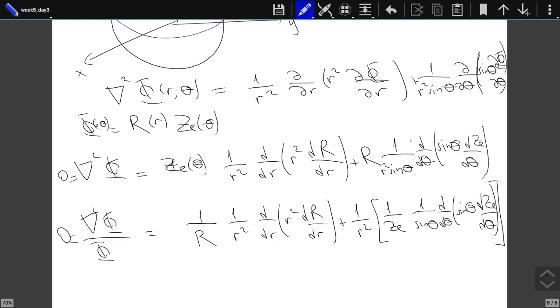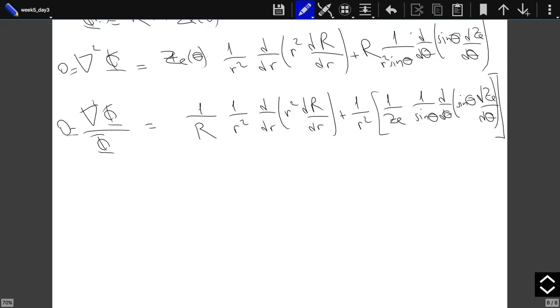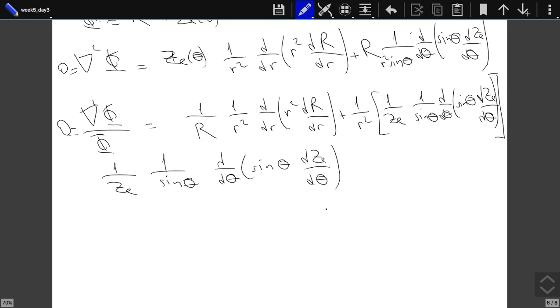It just tells me that this combination should be a constant. So 1 over ZE, 1 over sine theta, d by d theta, sine theta, dZE by d theta should be a constant.